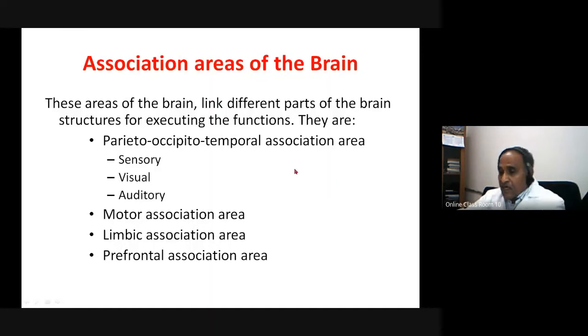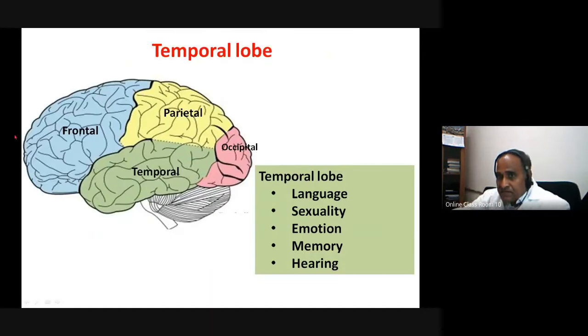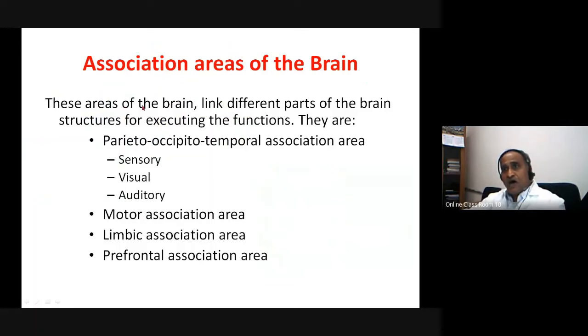Up till now, I have done the broad outline of what this looks like. Now these areas have association areas. So what are those association areas? These are the areas of the brain that link different parts of the brain structures for properly executing functions.